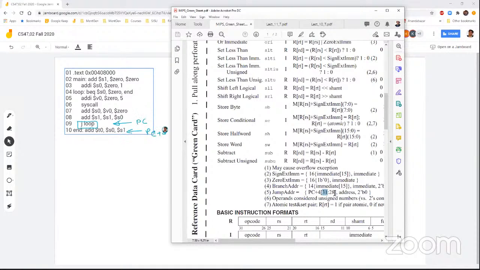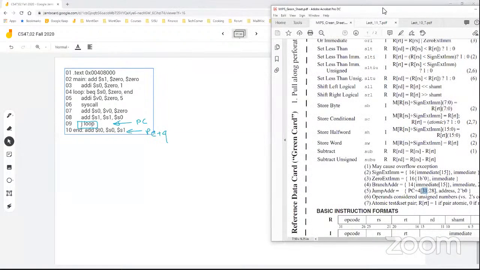The quiz says to review the following code, so it starts from 400800. So this is at this address, and this one is plus 4.